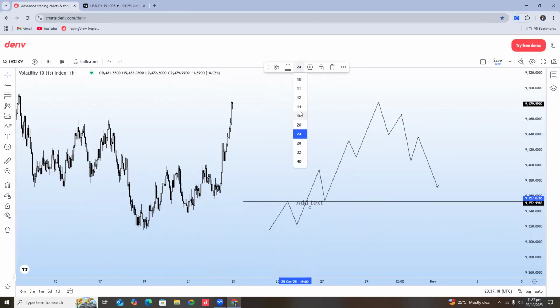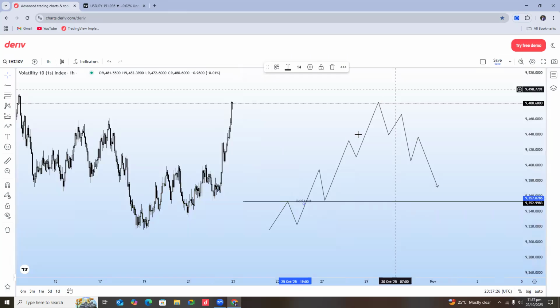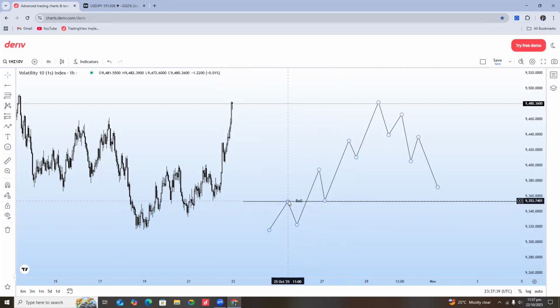Let me change the size to, okay, maybe 14 is good. So I'll write BOS. Oh, sorry, no, over here. All right, BOS. As in there is a break of structure. Why? Price has broken this high structure.